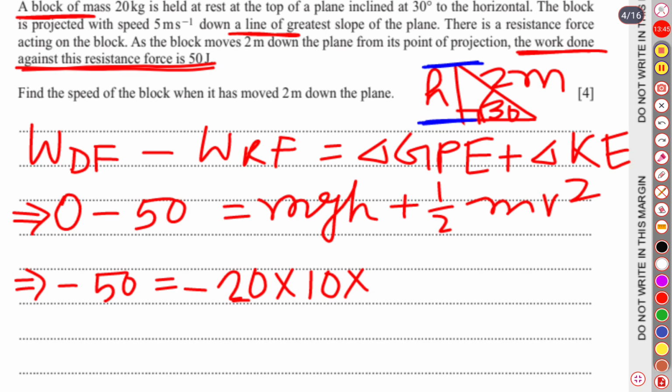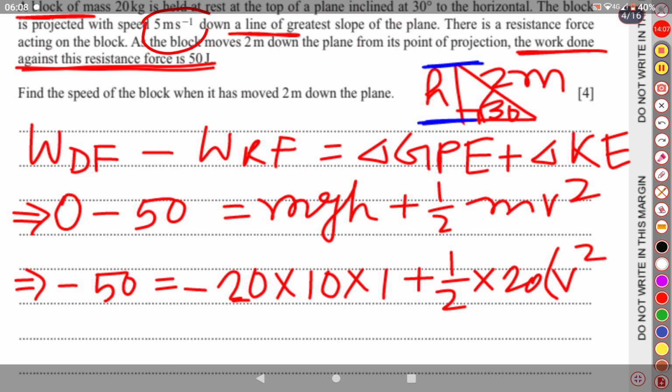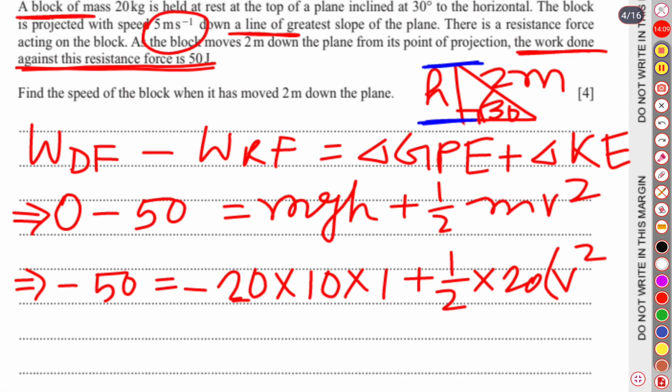Plus half of the mass of the block, which is 20, and the final velocity squared minus the initial velocity squared. Final velocity is to be obtained and initial velocity is given: initial velocity was 5 meters per second. So minus 5 squared. Please don't get confused in applying the work energy equation. H indicates not the height, it's actually the difference between the final and initial heights.